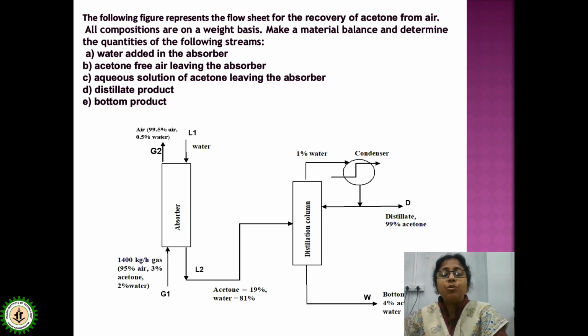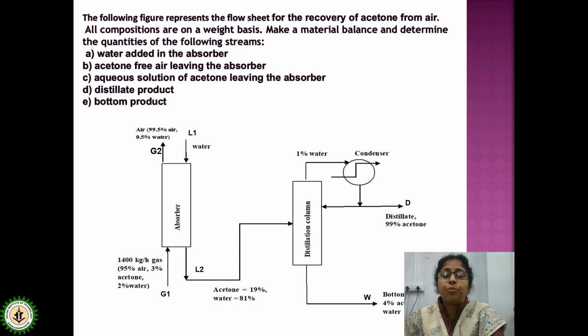Now when this L2 stream enters the distillation column as feed stream, two products are obtained, that is distillate and bottom product, where in the distillate the acetone percentage is given as 99%, whereas the bottom product has 4% acetone only.